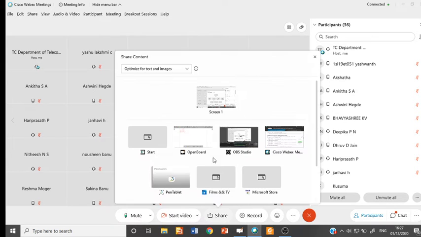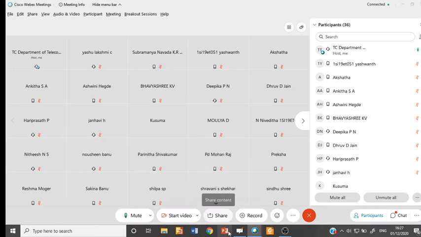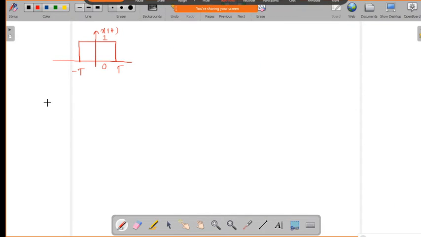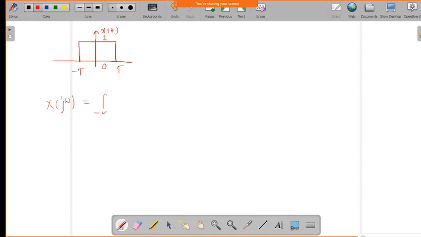Okay, so we'll do it. So now what is your FT equation? It is the integral from minus infinity to plus infinity of x of t times e power minus j omega t dt.